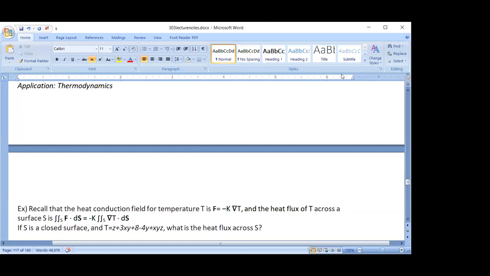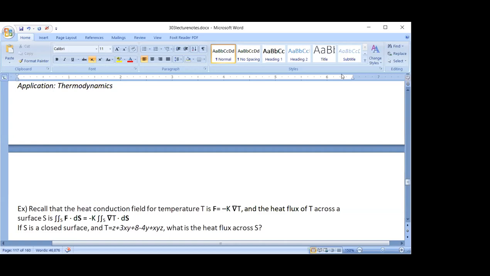Recall that the heat conduction field for temperature T is the vector field F equals negative some constant K times the gradient of T. And the heat flux of T across the surface S is just the double integral over the surface of the vector field dot dS. And then plugging in for the vector field, it's just negative K times the double integral over the surface of the gradient of T dot dS.